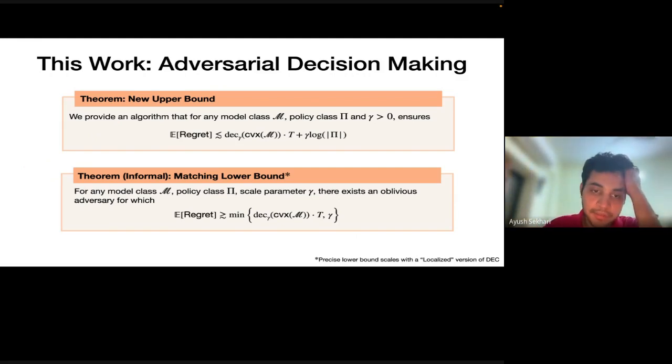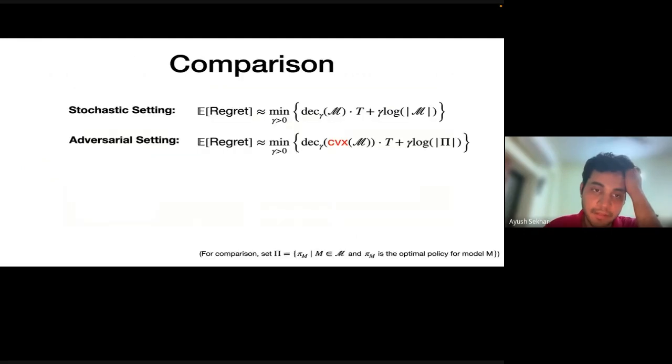So just to put the two results in comparison, for the stochastic setting, the expected regret behaves like DEC_γ of M times T plus γ log M. Whereas for the adversarial setting, the expected regret behaves as DEC of the convex hull of the model class M times T plus γ log Φ.